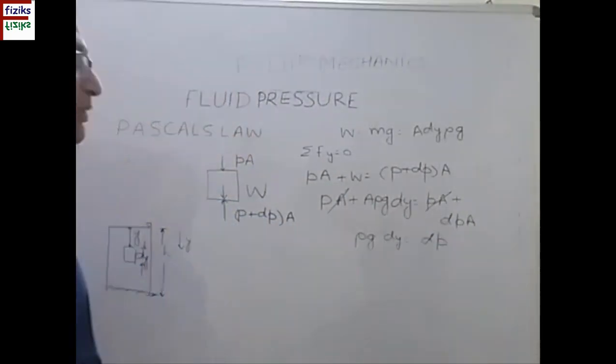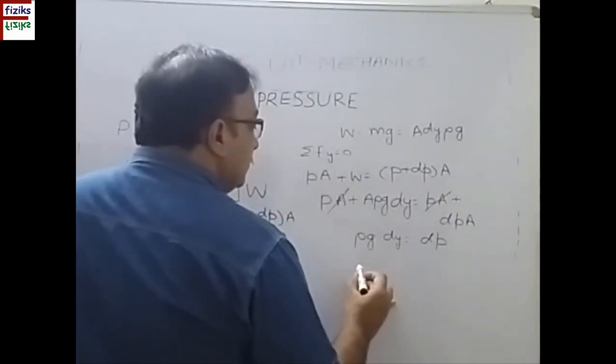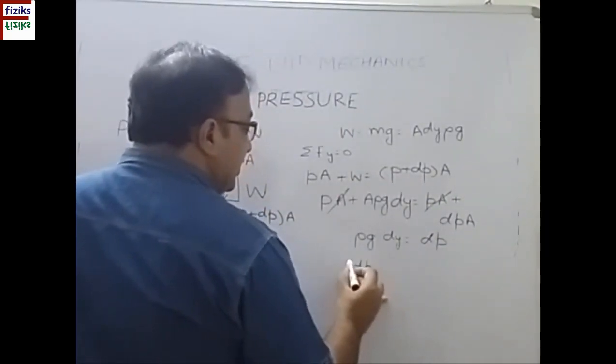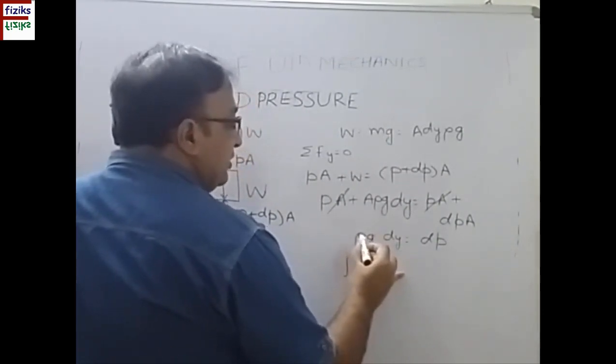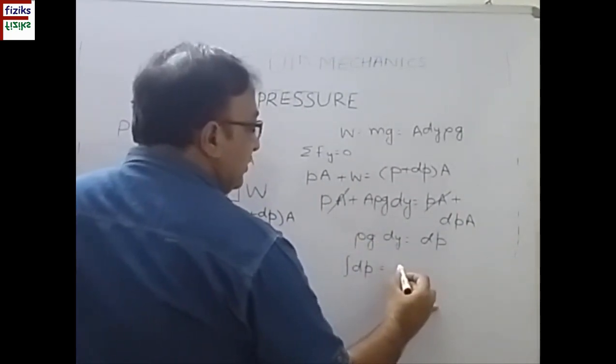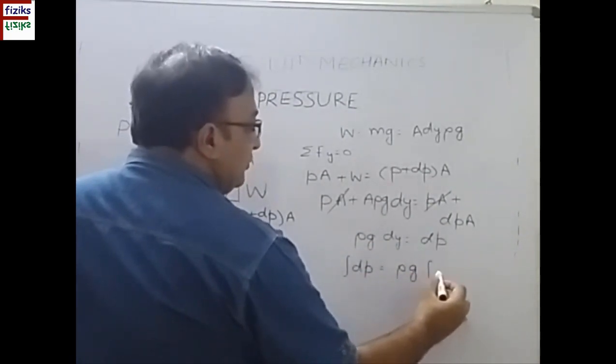So dP is the change in pressure as we move in the downward direction. So I can write that total change in pressure, rho and G, if I assume constant, density of the fluid is constant. If this is incompressible fluid, ideal fluid, G is also constant.